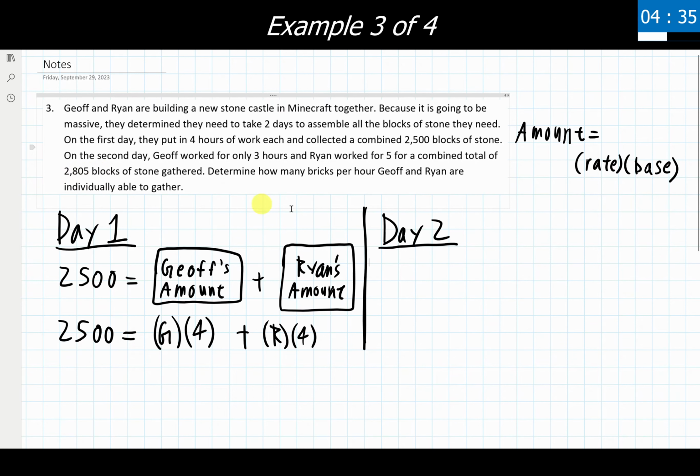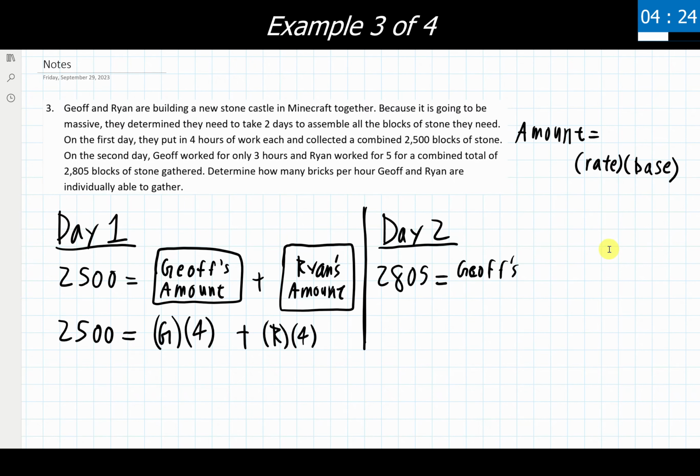Hey, there's my total there. So we can rewrite that in here. This is 2,805. And again, we have Jeff's amount, and then we have Ryan's amount. And whatever those individual ones are, we are going to combine those together.